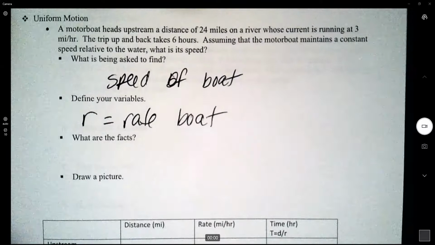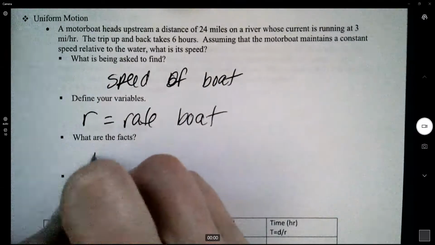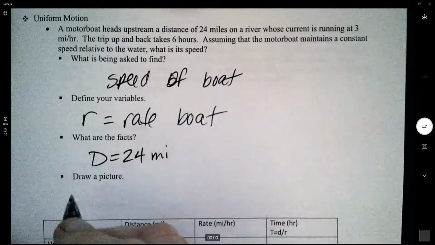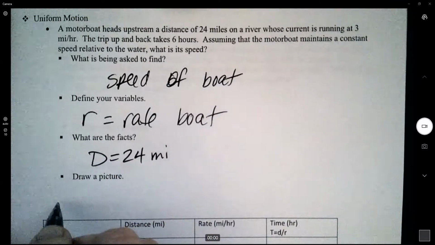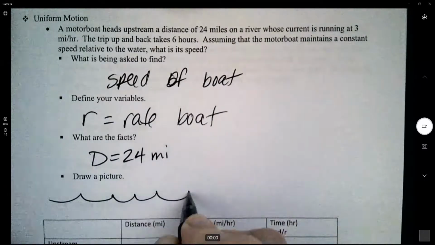So what are the facts that I know? I know that the motorboat heads upstream 24 miles. So I know that the total distance is going to be 24 miles. So in a picture, here's the river, and I'm going to show the river as moving.